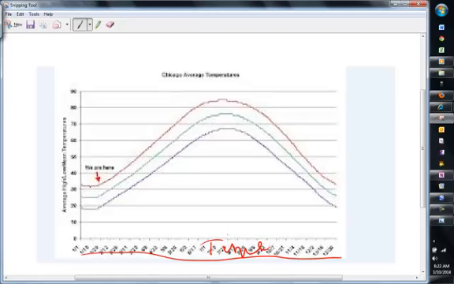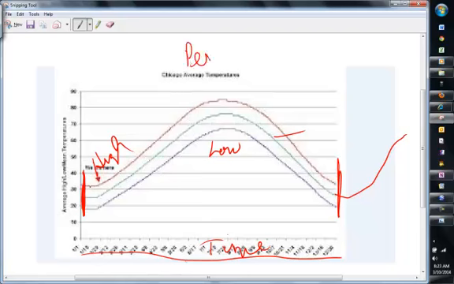This would be the high, this would be the low, and the average here is the green. This is a periodic function because it starts here and it ends here. And then, of course, it would continue the next year going up again, because the period is 1 year.